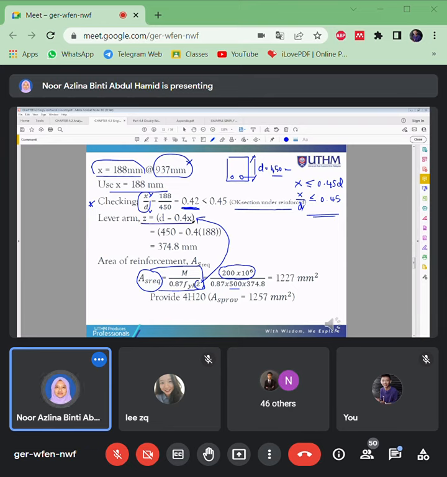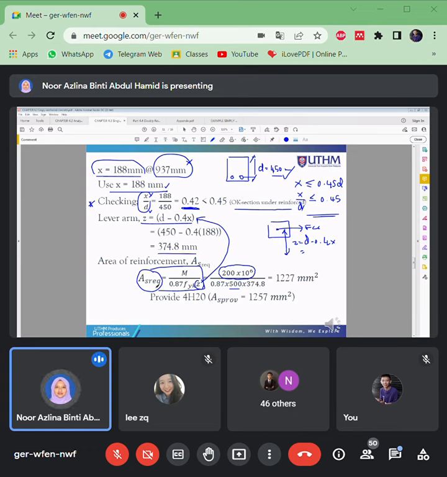So Z, this Z here, this is from FCC. So Z is D minus 0.4X. X is already 188. D is already 450. So substitute the values and you will get the value of Z. Put Z into the equation.